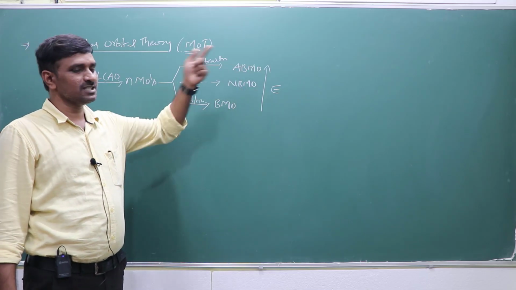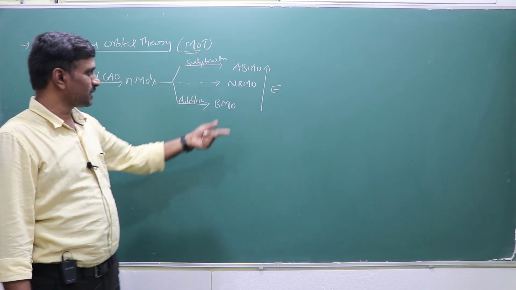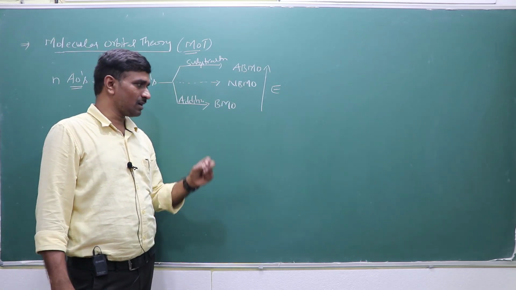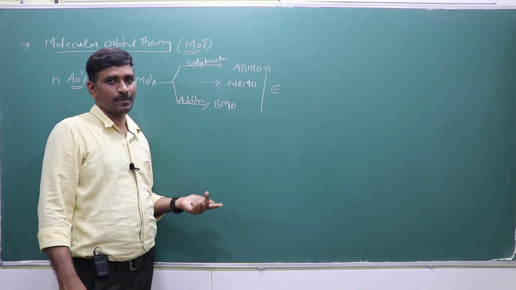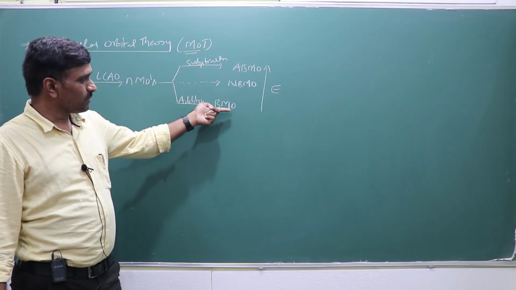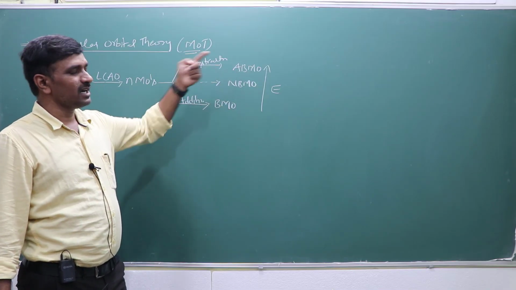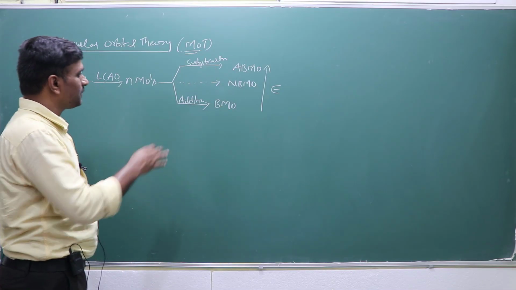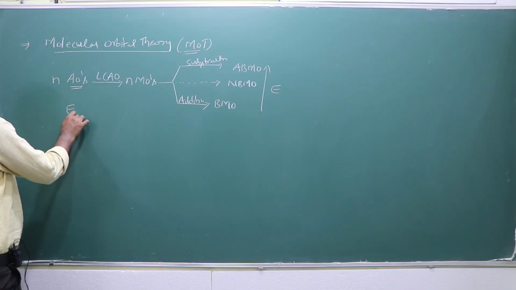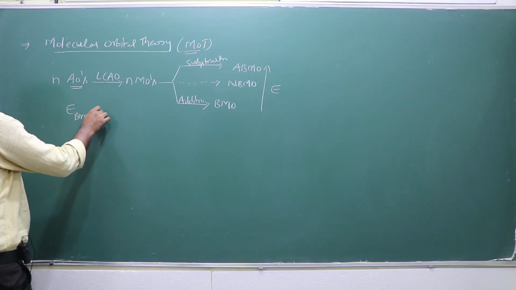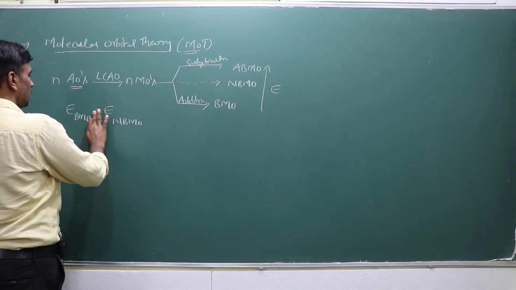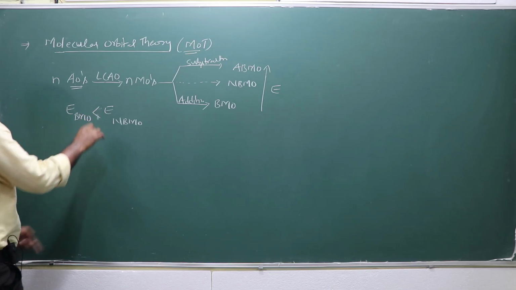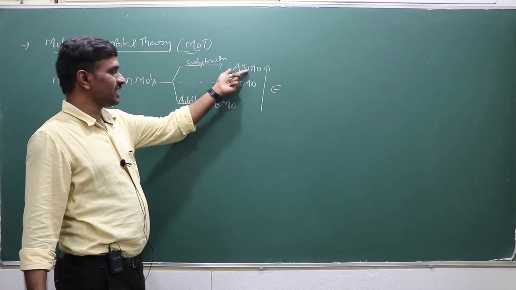If more electrons are present in the anti-bonding molecular orbital compared to the bonding, it may be considered unstable. Right? So bonding molecular orbital is filled first, later the anti-bonding molecular orbital. Bonding has the lowest energy.